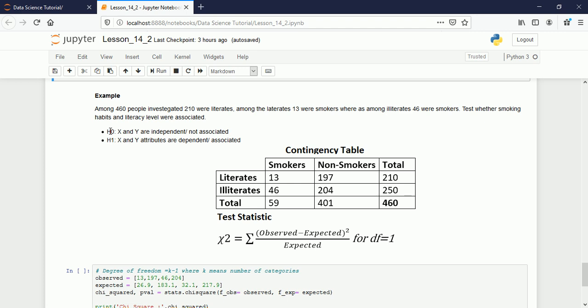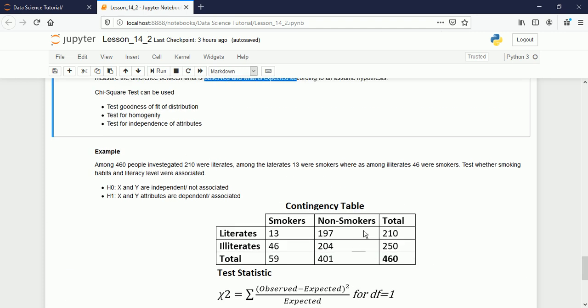But if it is rejected, we go for the alternative hypothesis, and there we say x and y attributes are dependent and associated. Now here we have to convert it into the form of rows and columns, then we can easily understand what is there in this example.